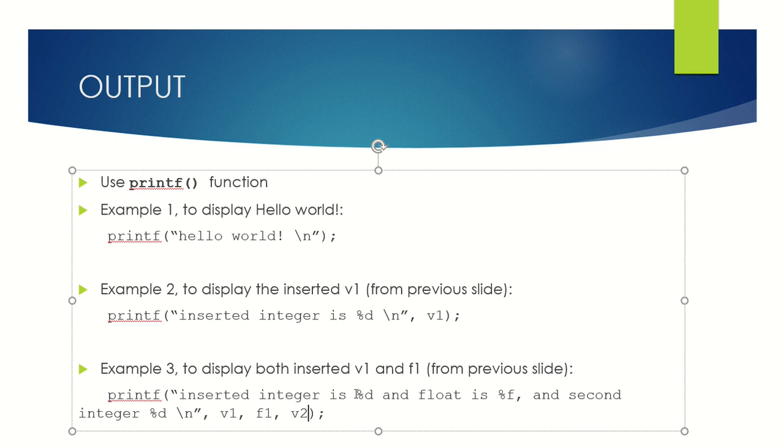So the first format here, ataupun kat sini kita panggil selalunya placeholder lah. So the first placeholder is for the first variable here after double quote. The second placeholder is for the second variable, and then the third placeholder is for the third variable lah.